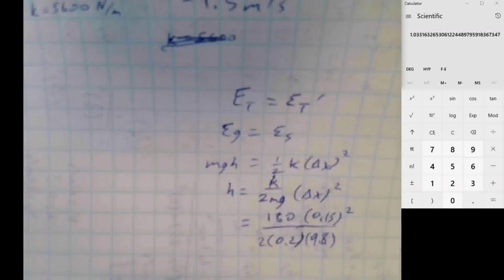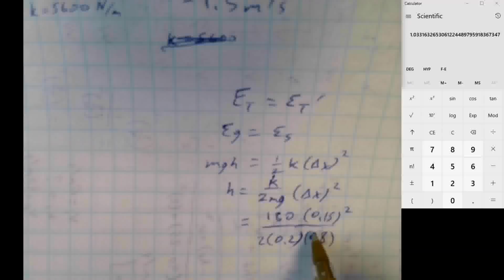So I end up with a height of 1.033. So that's my height, but I have to subtract that 15 to find out the height from which it was dropped, because that also accounts for the spring's compression. So I have to take my answer here, 1.033, and subtract from that.